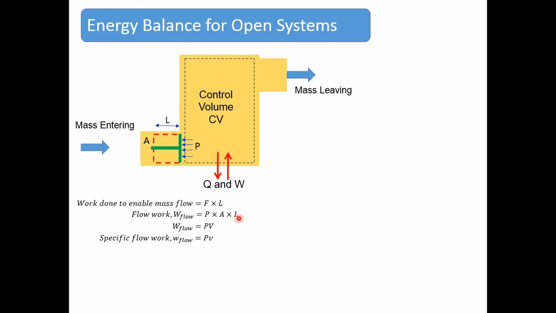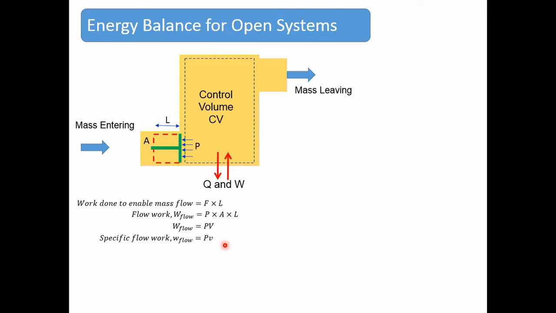And cross-sectional area times the length is the volume. Therefore, flow work is equal to pressure times volume. Specific flow work, that means you divide both sides by the mass, or you normalize the flow work to mass, then you will get the specific flow work is pressure times the specific volume.